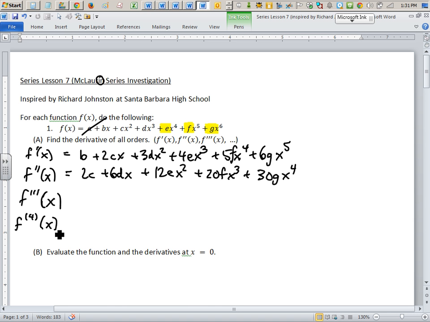So this means the fourth derivative. Or you can use the Roman numeral IV, lowercase. But that's kind of awkward when you reach like 19, when you're writing XIX or whatever. So why don't we use the parentheses notation for the fourth derivative.